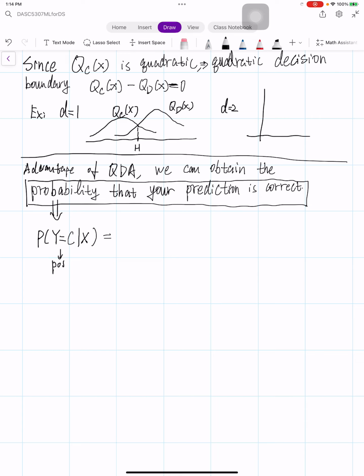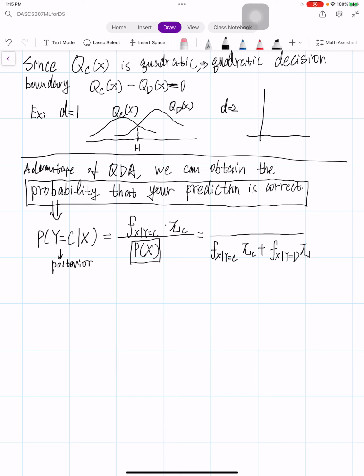It equals the numerator, which is the probability of x given y equal to C, times the prior probability of class C. And because we have the total probability rule, the denominator is x given y equal to C times pi C plus probability x given y equal to D, another class, times pi D. The numerator is the same, x given y equal to C pi C. This is called the Bayes rule, Bayes theorem.